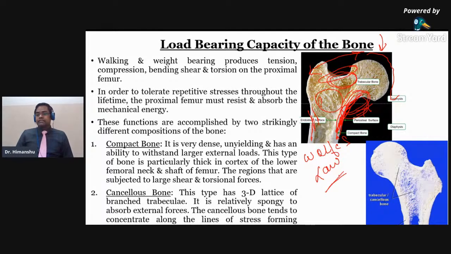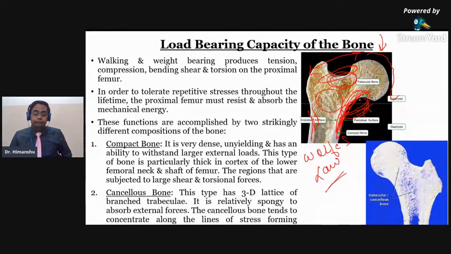Okay, Wolff's law suggests that the bone starts growing in the areas where the forces are being laid upon. If I am exaggerating, if I am giving a pulling force in some area, the bone will start growing in the direction of pull. Similarly, the formation of trabeculae in the area of tensile and the area of compressive loading also follows Wolff's law.